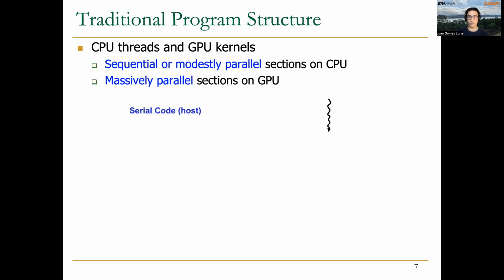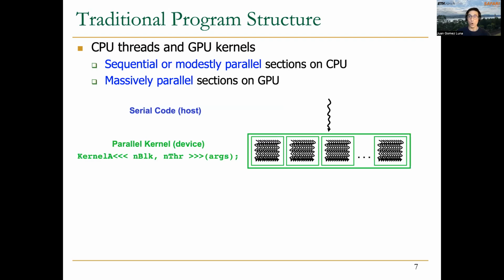So we will normally start the execution on the host, or the CPU, running some serial code or modestly parallel code by using one single thread or just a few threads. And at some point, we will offload computation to the GPU by launching a GPU kernel. Remember that when launching a GPU kernel, we need to first define the execution configuration, typically the number of blocks per grid, so the total number of blocks, and the number of threads per block.